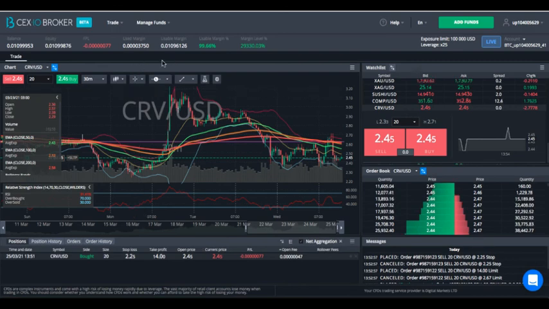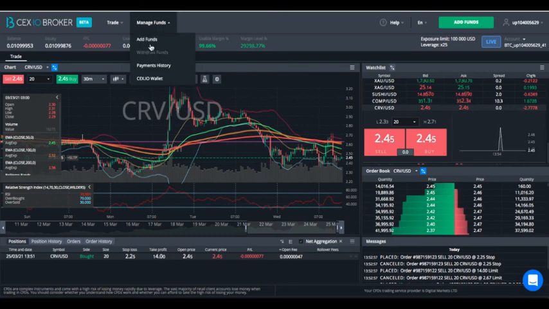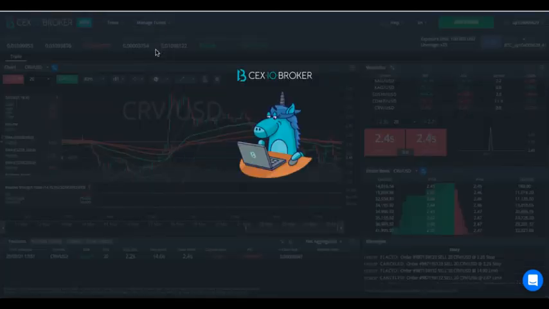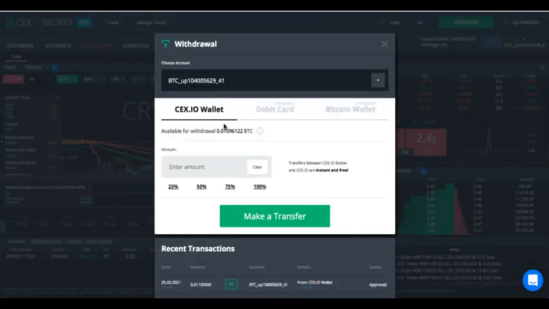You always need to add funds. So if you want to add funds, you go here to where it says manage funds. You can add more funds if you want. You can withdraw funds if you want. So this is where you add or withdraw funds when you're done. If you have a profitable trade and you want to withdraw some profits immediately, you can do that. I would simply hit withdraw funds, and coming soon you'll be able to withdraw right to your debit card.